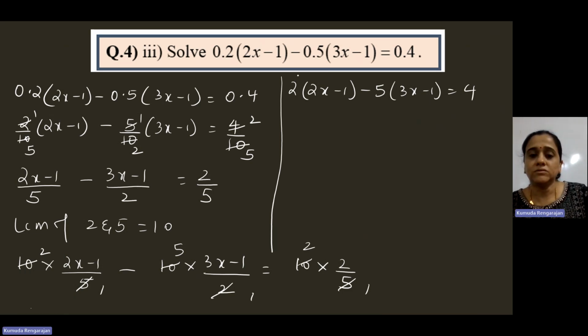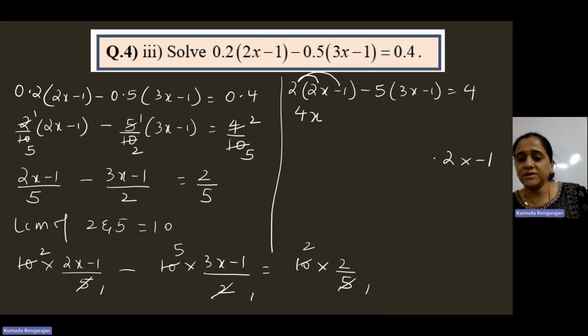So 2 into 2x, 2 twos are 4, 4x. 2 into minus 1, 2 ones are 2. What's the sign here? Plus into minus, minus, 2 ones are 2. Then this is minus 5 into 3x.